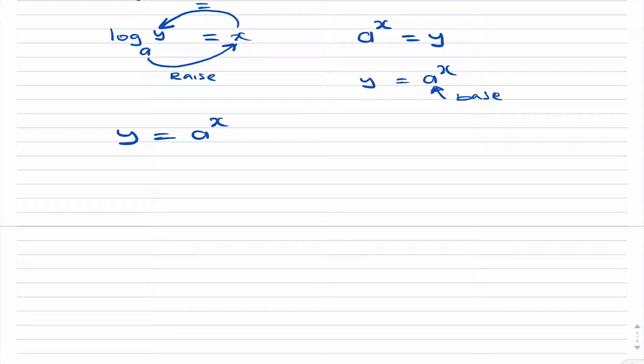So in this case, log of base a, y, will be equal to log of base a of a to the power of x. Now here we're going to use the power law to rewrite that expression, and that will become x log of base a of a.